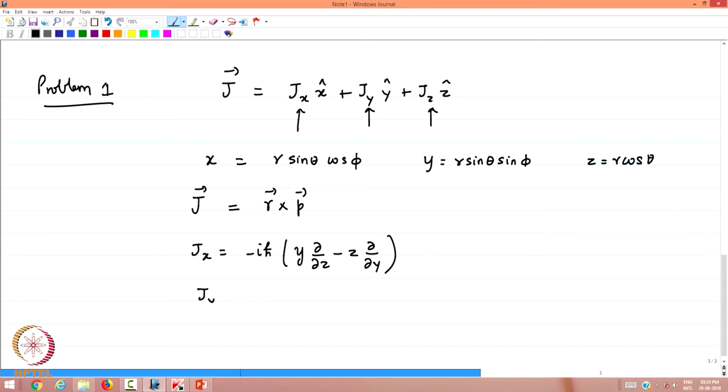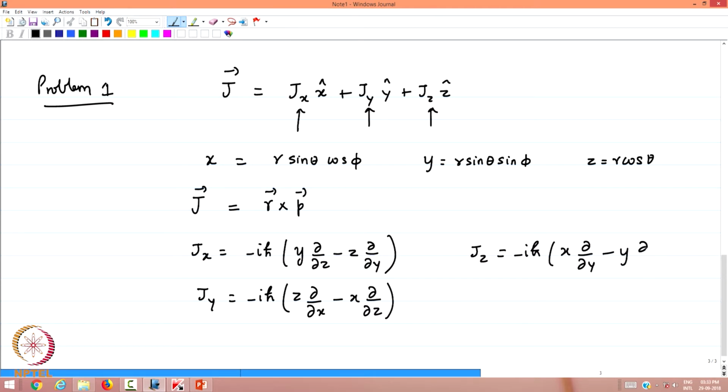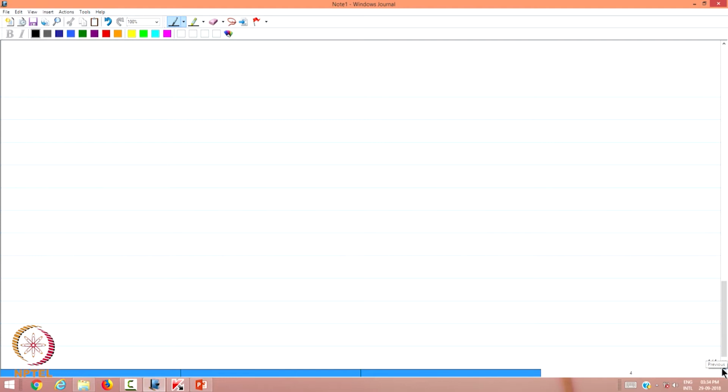Likewise, Jy is minus i h bar (z dou by dou x minus x dou by dou z), and Jz, the operator, is minus i h bar (x dou by dou y minus y dou by dou x). Okay. So, these are Cartesian representations, and you need to write the derivatives also in the polar representation, and by now you know the formulae for doing that.